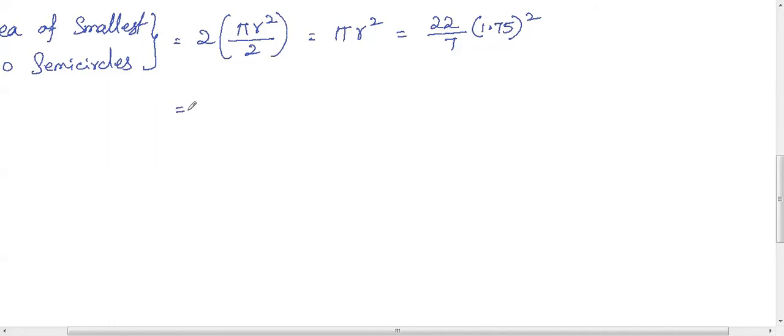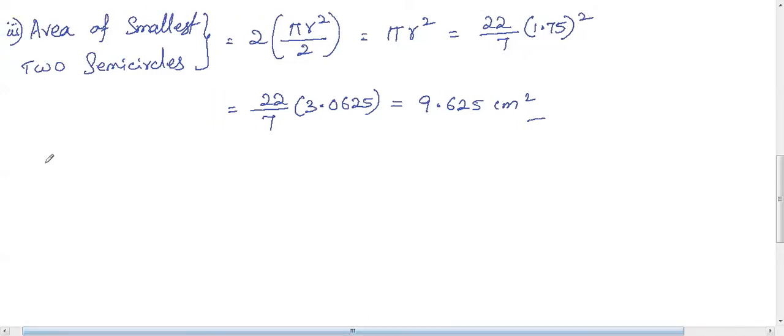If we simplify this, 22 by 7 into 1.75 whole square, which is 3.0625, we will get 9.625 centimeters square. So this is the area of the two smallest semicircles.